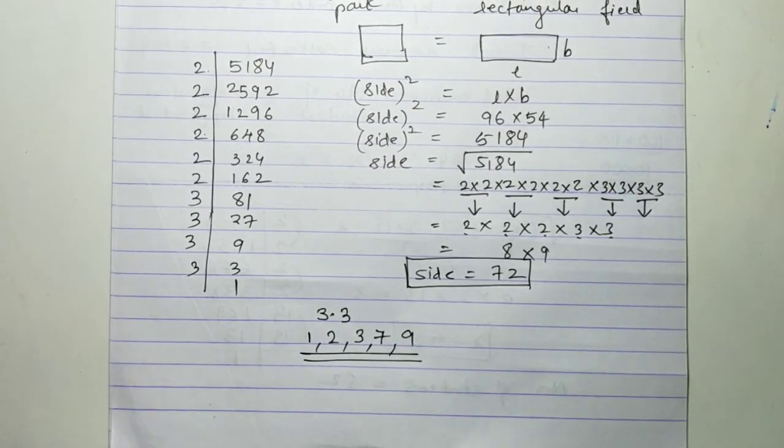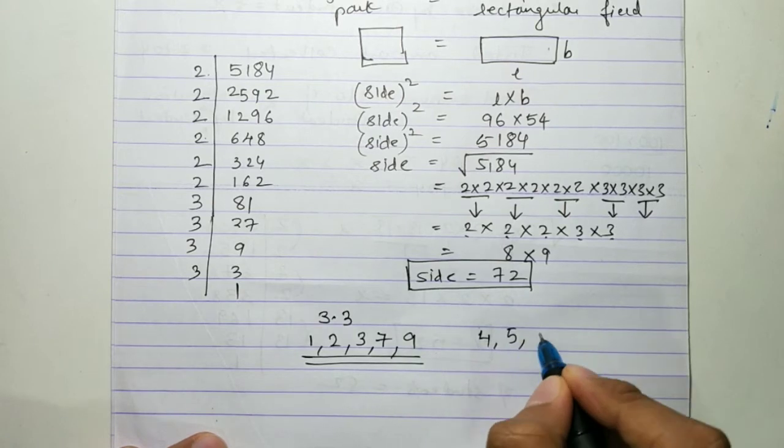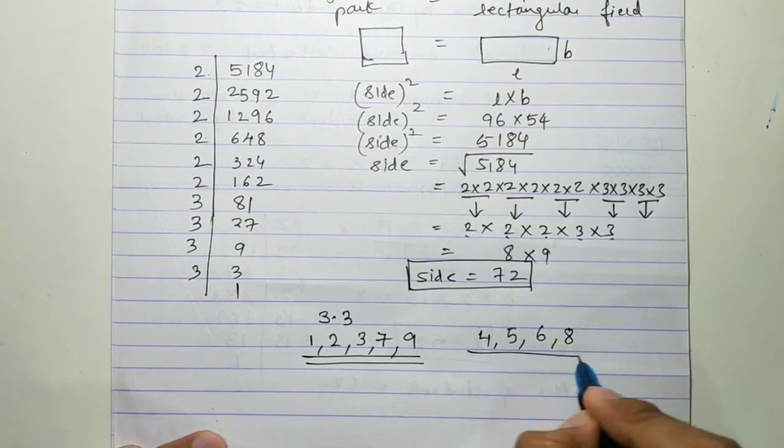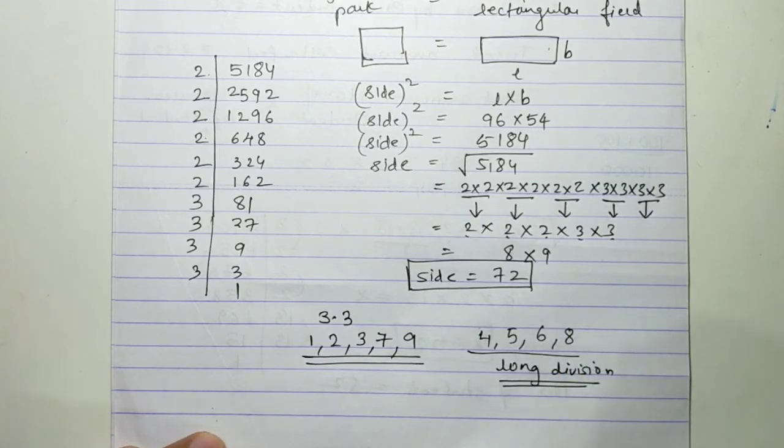These sums are very simple sums, so these sums we will do today itself. The remaining sums, that is question number 4, 5, 6 and 8, are based on the long division method, so it will be done in that video.